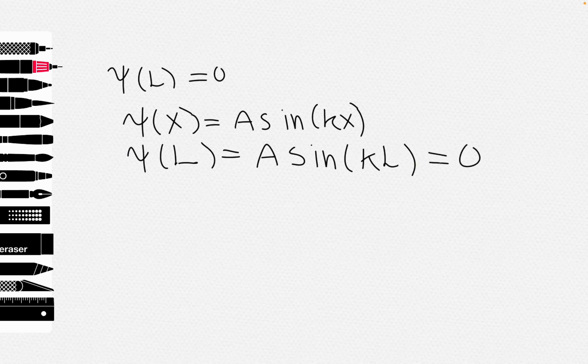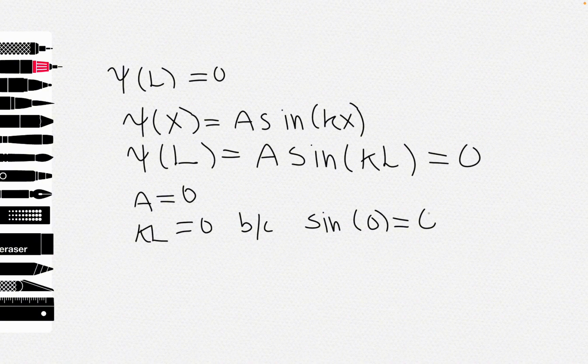First things first, we gotta see what values can make this equation 0, because there are two ways. A could equal 0, or KL is equal to 0, because of this identity here, the fact that sine of 0 is equal to 0.